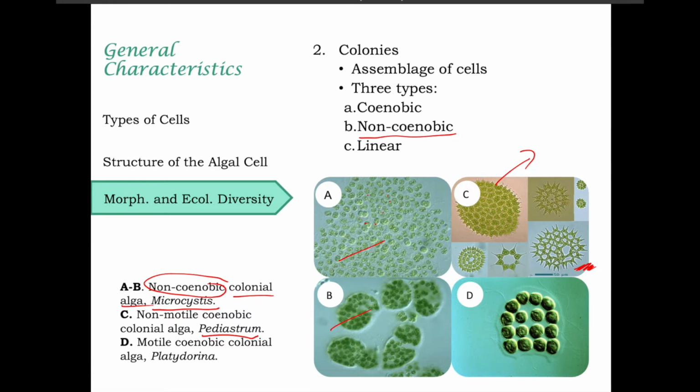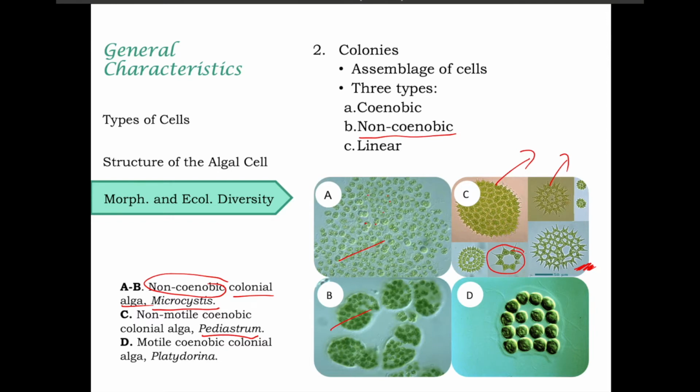You can frame these images and put it in your drywall or something. It's a good artwork for me. I think so. Yeah, it's a very good artwork. It has a very star-like pattern. So that's your Pediastrum. Also, this is a cenobic colonial algae.